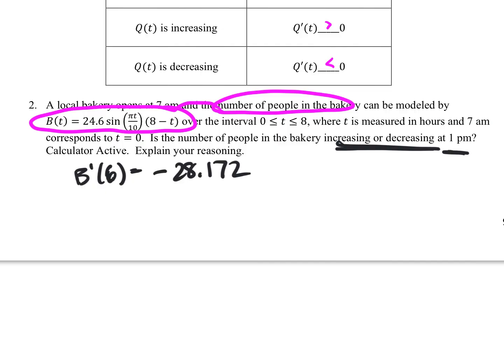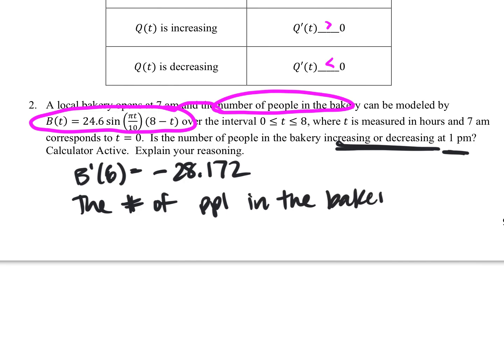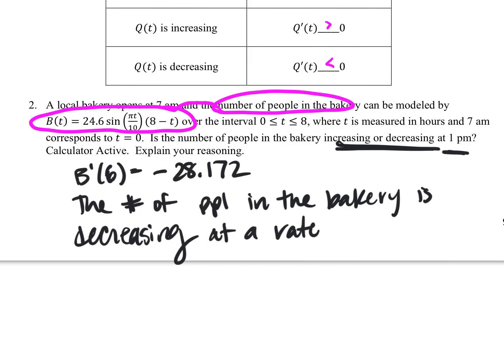Let's translate this. It says, is the number of people increasing or decreasing? The number of people in the bakery, because I just want to get my real-world stuff in there, is decreasing. And here we go, at a rate of... do I say negative 28 or 28 at this point? 28.